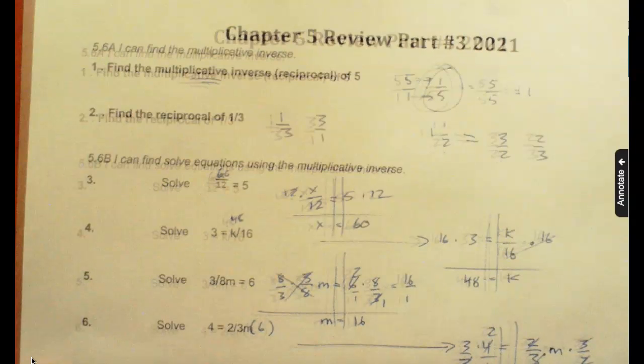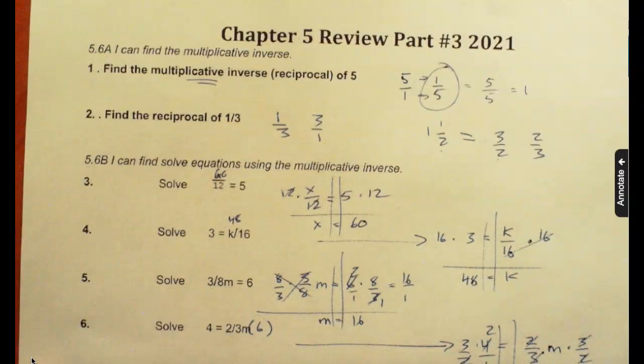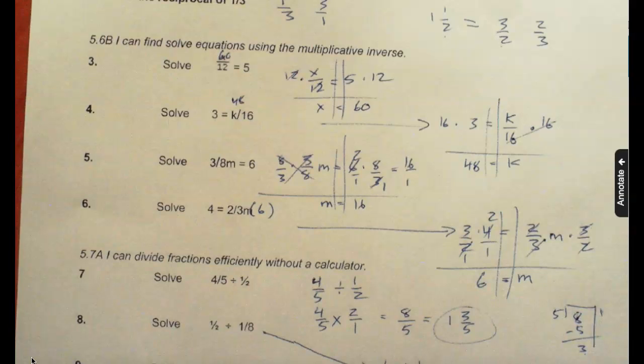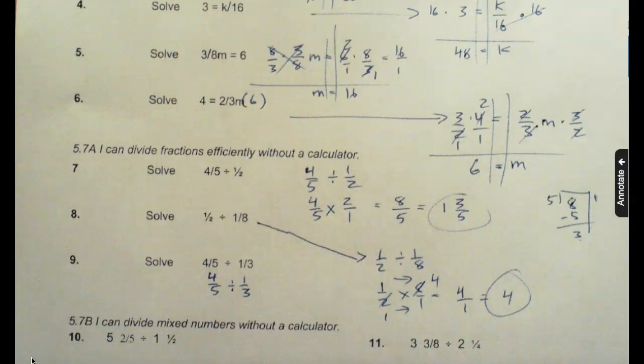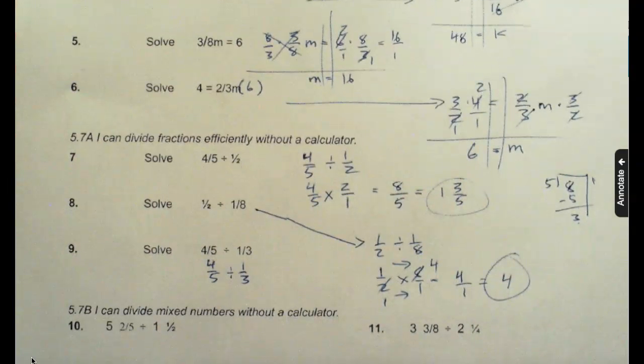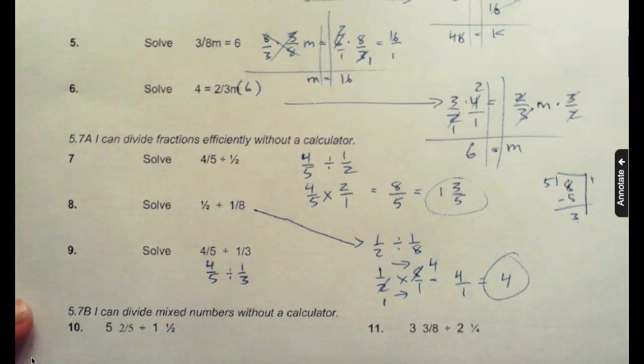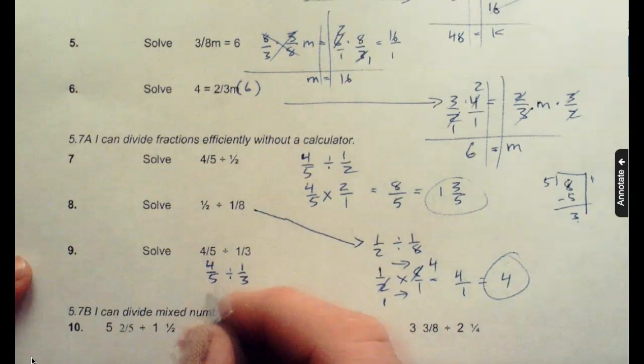Okay, let's see if I can squeeze this one in. 4/5 divided by 1/3. Notice how I always rewrite it using a fraction bar instead of the slash. Sorry about that. Let me get that down there so you can see it. Okay, so we'll keep it. We'll change it.